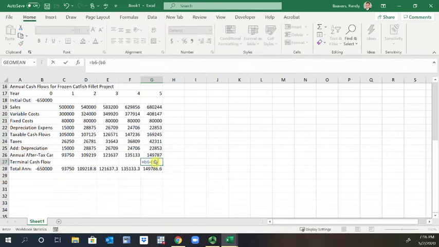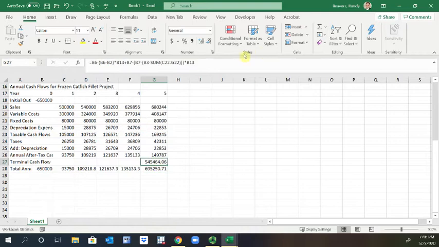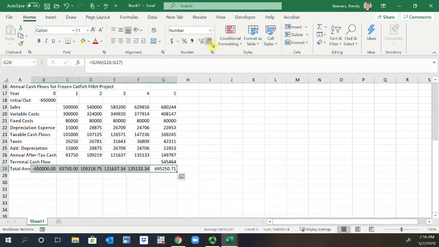B6 minus parentheses, B6 minus B2 in that parentheses times B13 plus B7 minus parentheses, B7 minus parentheses B3 minus sum of C22 to G22 parentheses, parentheses, parentheses times B13. So that should get you 545,464. And then we'll double check our cash flows here. $695,251 in year 5, negative 650,000 in year 0. Year 1 is 93,750, 109,219, 121,637, 135,133.